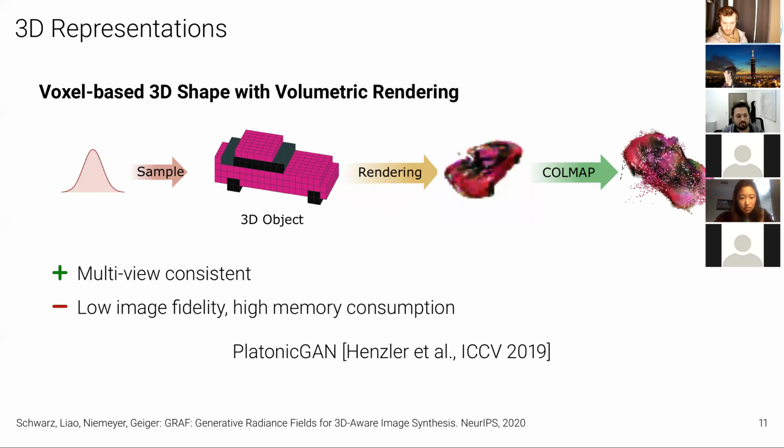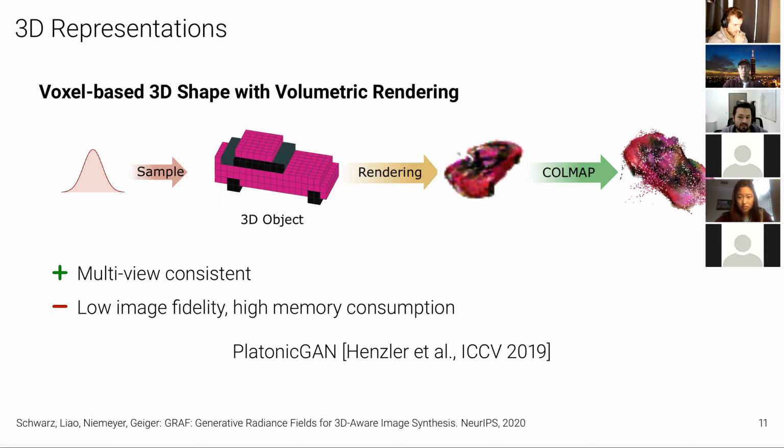Another cool project called PlatonicGAN is similar, but also different. Here the idea is that you again start with a latent code, but now you don't have these abstract features, but you have a voxel grid with colored voxels. Then you can do some volumetric rendering to render out your image of this representation.